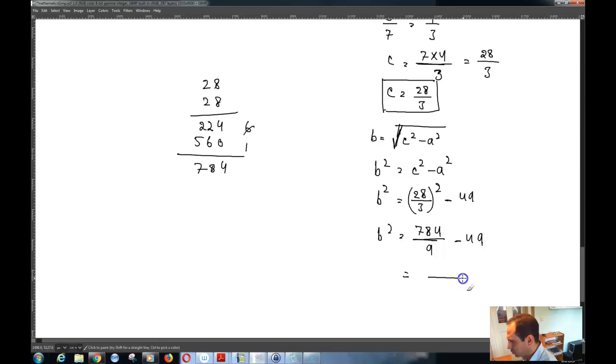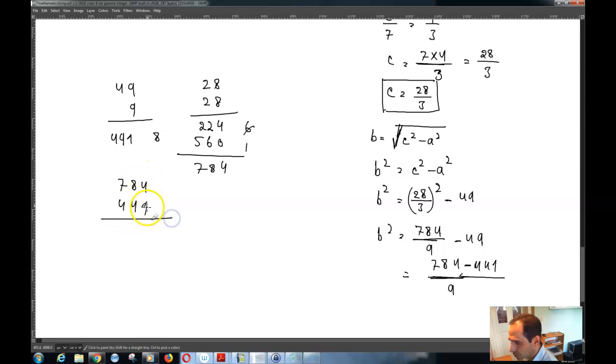That is equal to 784 minus 9 times 49, which is 441. Now 784 minus 441 is 343, so that is 343 ninths.